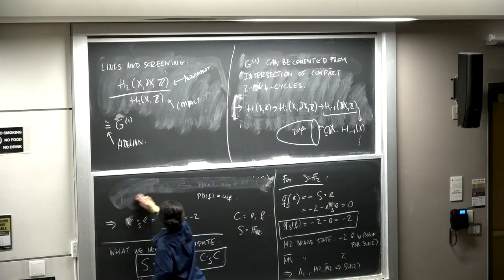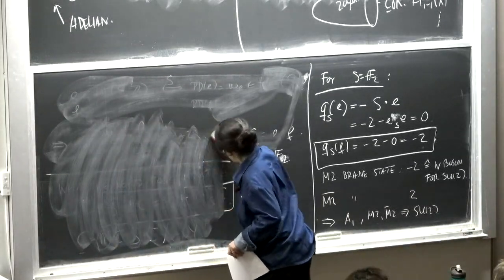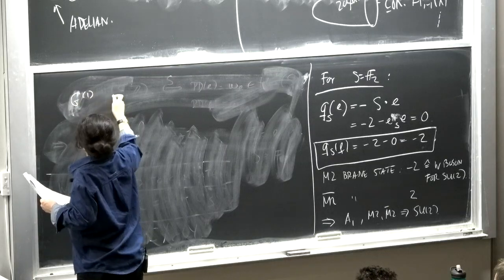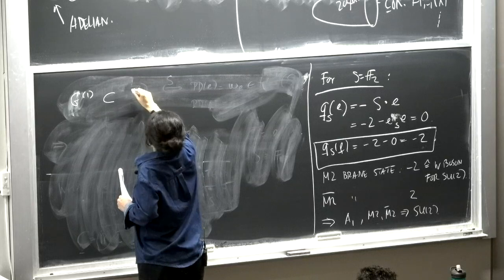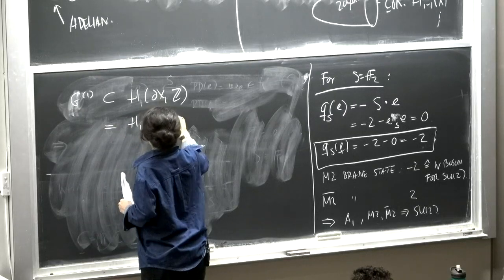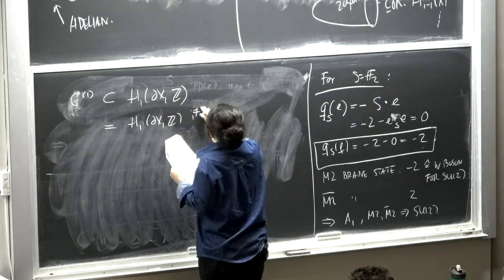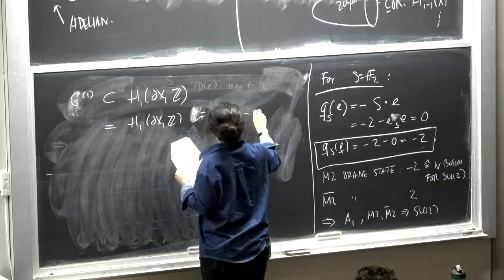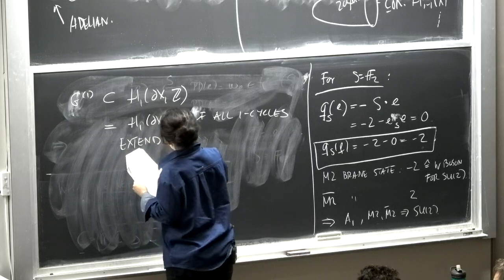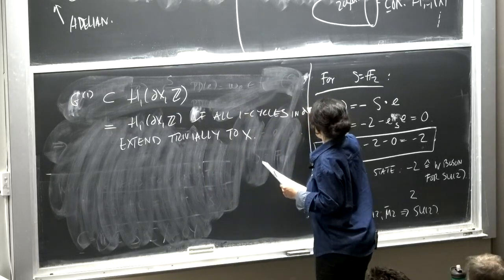So this is then the statement. This one-form symmetry sits inside the H1 of the boundary, and it's equal to that if, oh, I got this wrong, if all one-cycles extend trivially to cycles in ∂X.